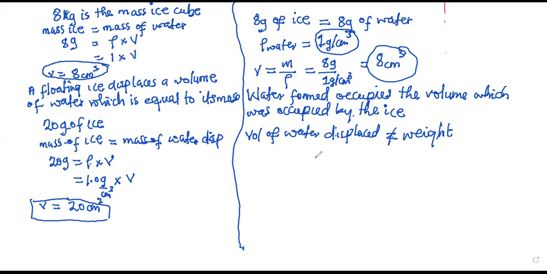So if we had a 50-gram ice, it will displace 50 cm³ of water. So when it melts, the water formed will have a volume equal to the volume of water which was initially displaced. So whether filled to the brim or not, it will not change.